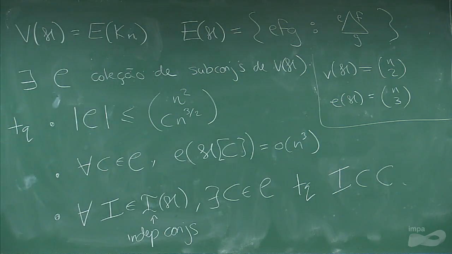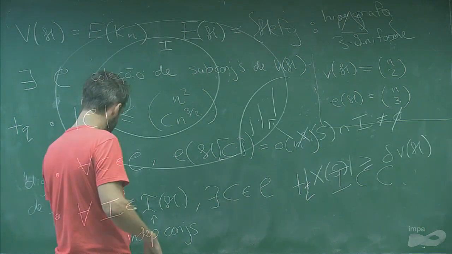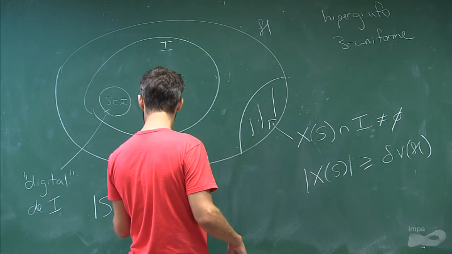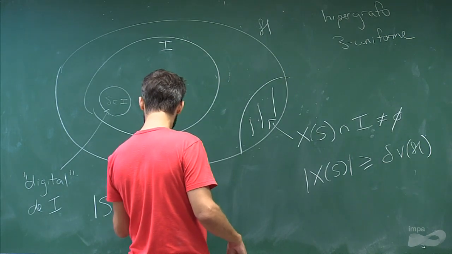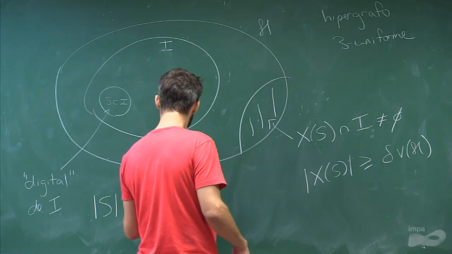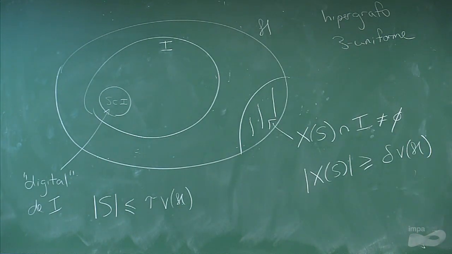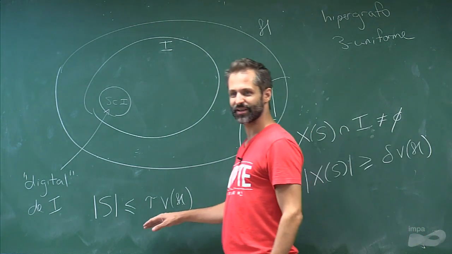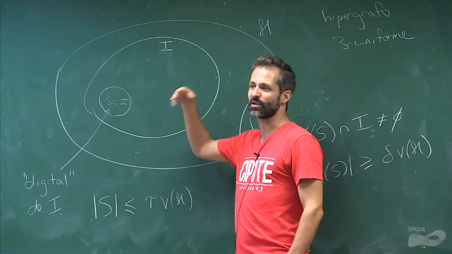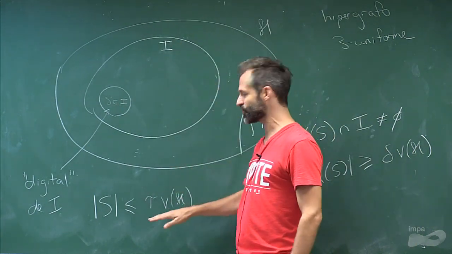Well, the size of S is going to be at most some tau times the number of vertices of H, where tau depends on H, and in this case it will be 1 over root n. So S will be small enough that the number of choices for S is at most, well, n, the number of vertices of H, choose this guy.